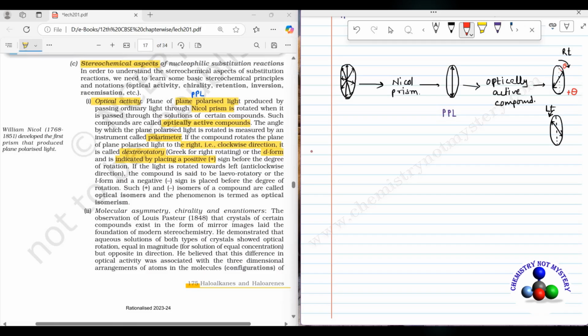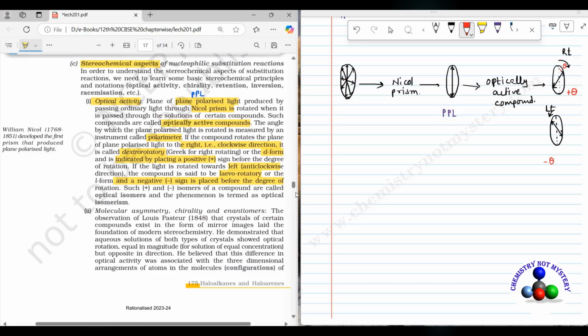When it rotates the light in the left direction, I will place negative sign before the angle or degree of rotation. So here I will write negative theta. So this is the levorotatory. Now let's read from the book. If the light is rotated towards left or the anti-clockwise direction, the compound is said to be levorotatory, or the L form, or the negative sign is placed before the degree of rotation.